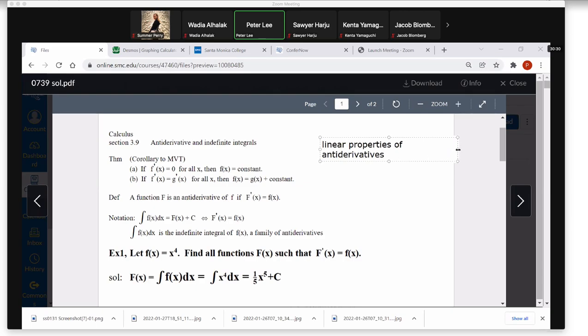Two linear properties, and they are this. Because the antiderivative is the reverse of derivatives, it's very similar.